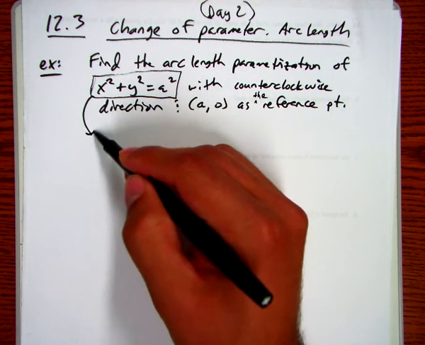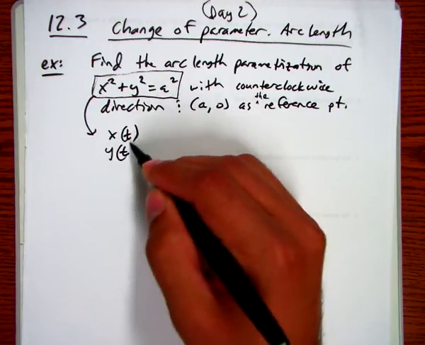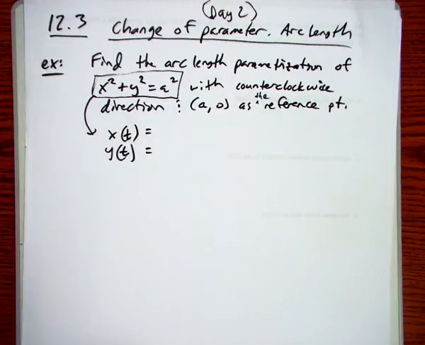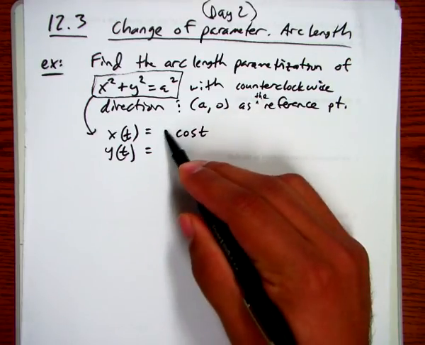What is the parametric equation for a circle? Cosine t, sine t. Where do I put the radius? There we go.